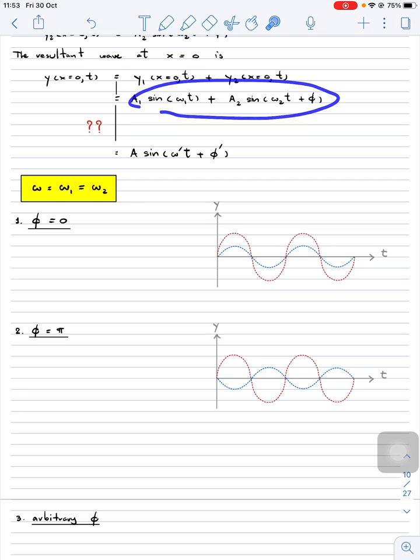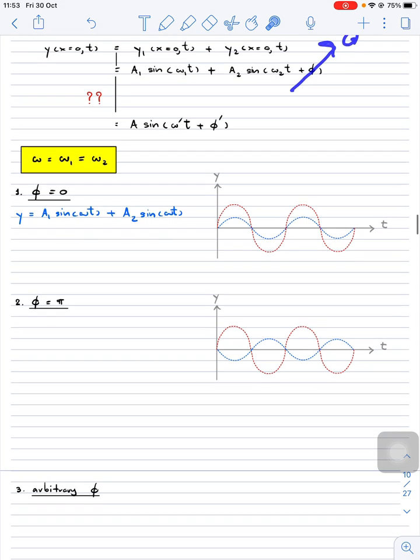Let's look at this equation: y equals a1 times the sine of omega t, plus a2 also times the sine of omega t as well, because phi is just equal to 0. Then here we have a1 plus a2, because we have the same sine function, so a1 plus a2 times the sine of omega t.